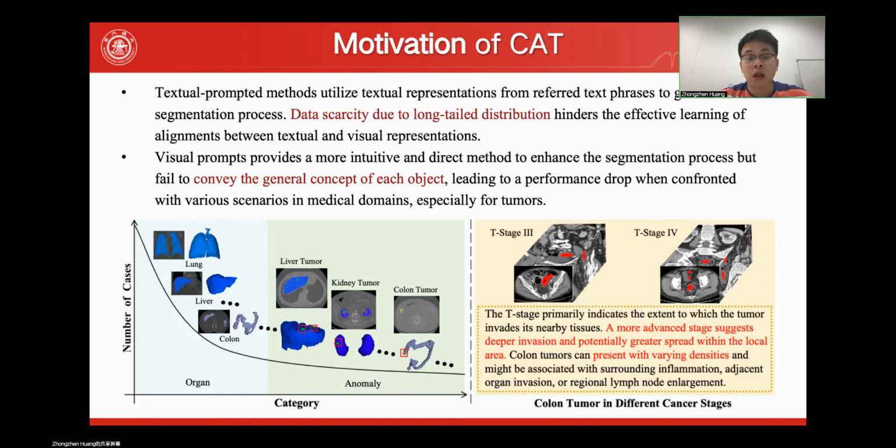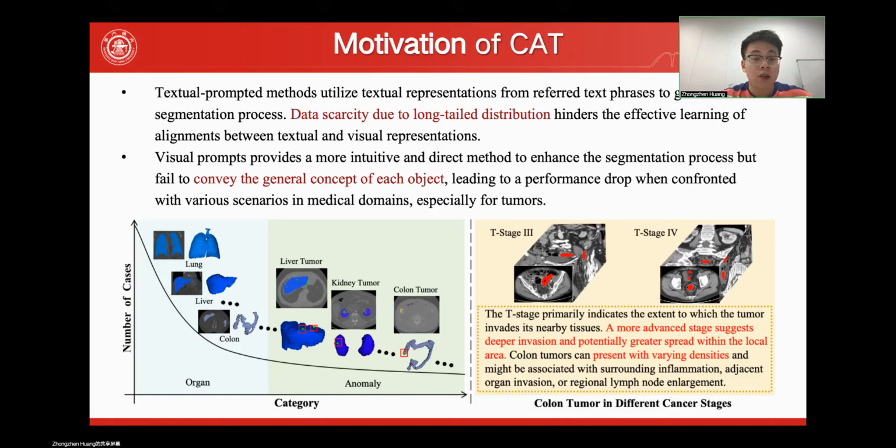But as we know, the long-tail distribution in the medical domain would hinder the effective learning of the alignment because visual-text paired data is limited.